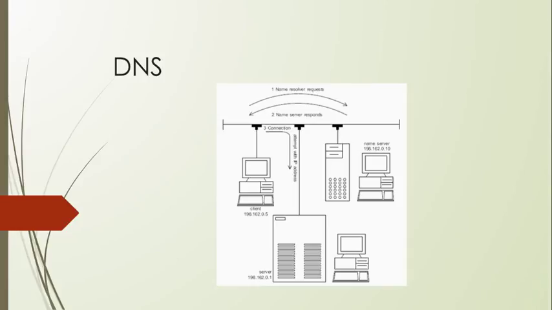Then the name server sends the IP address of the server that's hosting the URL, let's say like this, 192.168.0.1. Then the name server sends that IP to the client's computer. Then the client's computer establishes a connection with the server hosting the URL that the client typed into the web browser. So in that way a connection is established between the client and the server.